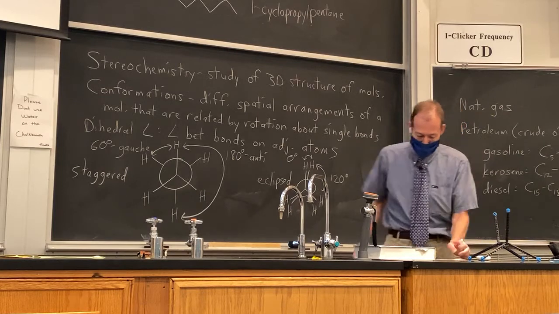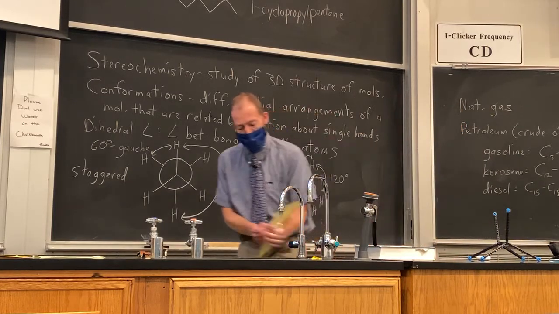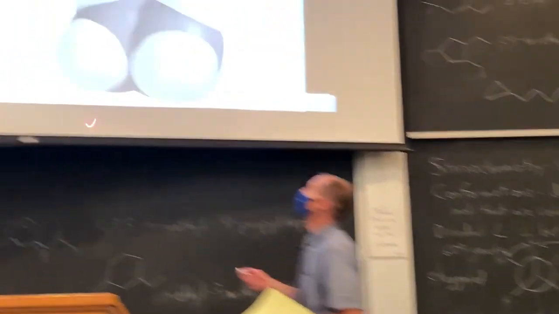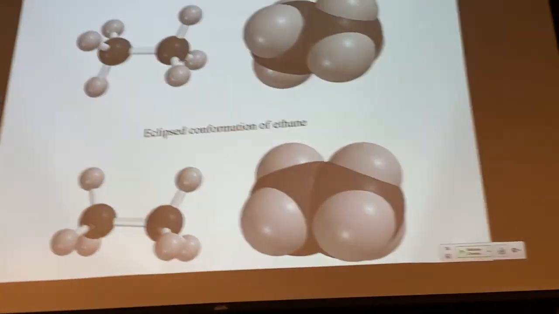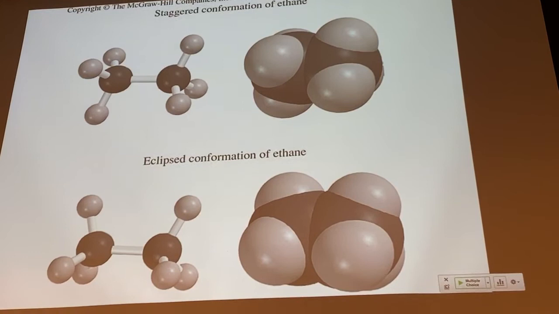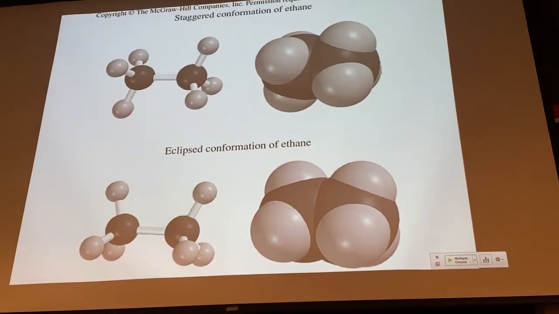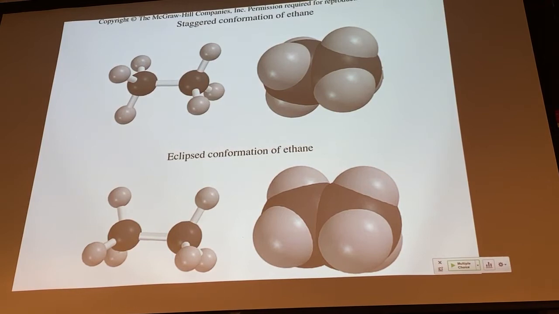All right. So let's look at ball and stick models and space filling models of the staggered and eclipsed conformations of ethane. Which one is more stable or lower in energy? Staggered or eclipsed? Staggered. Why? Who can raise their hand and explain why the staggered conformation is lower in energy? Yes, please. Okay.